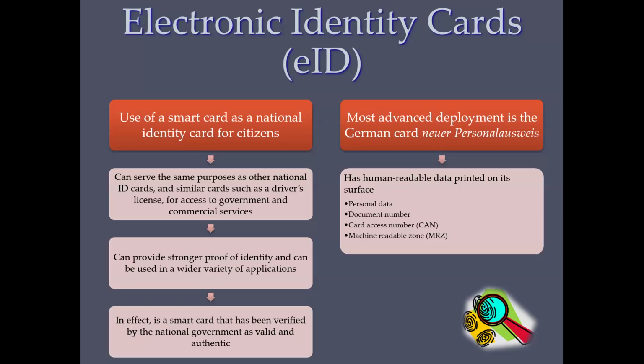You can provide stronger proof of identity to be used in a variety of applications. The card has to be verified by the national government or the given commercial or government service to be valid and authentic.